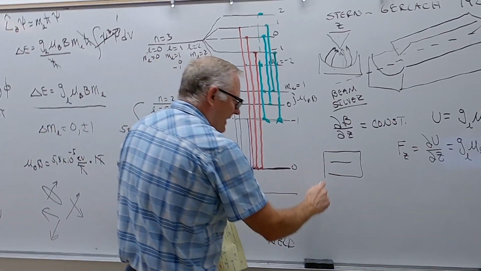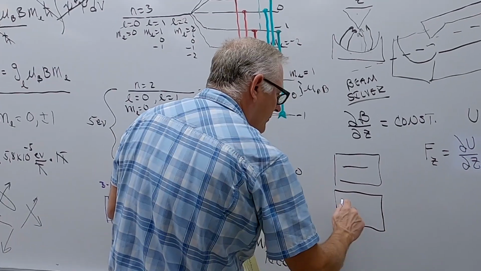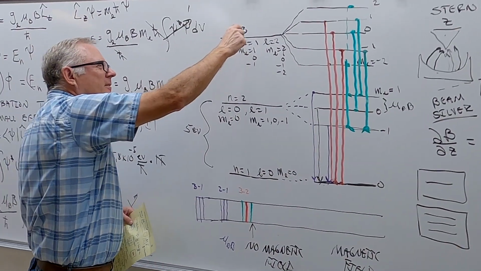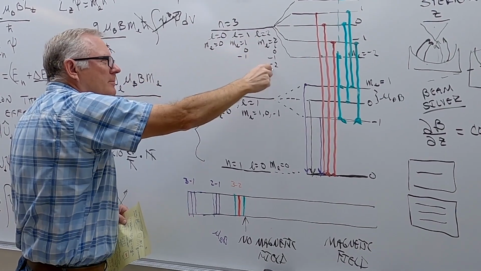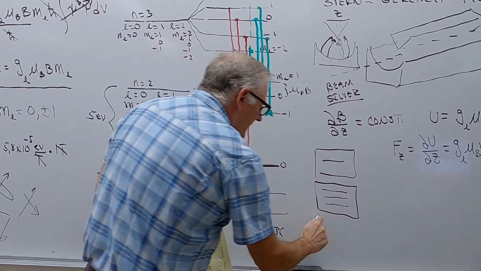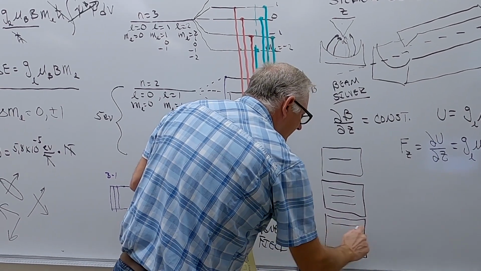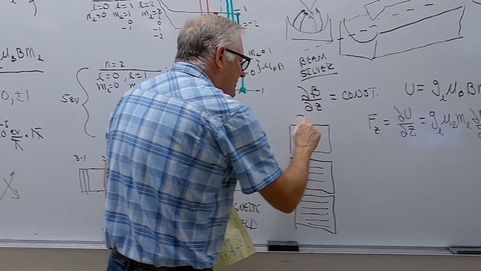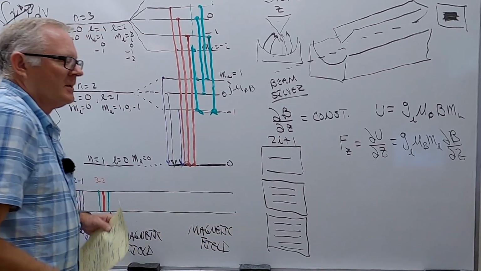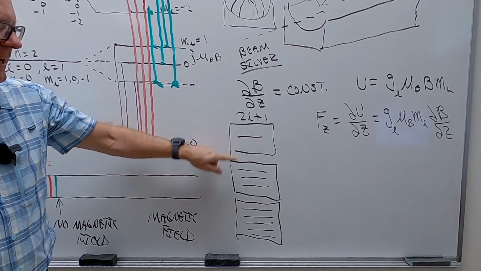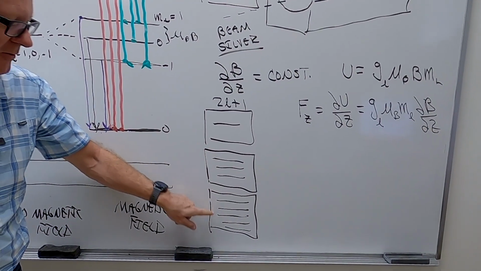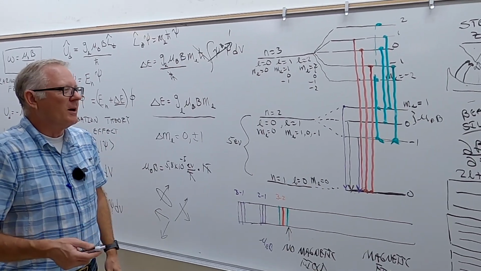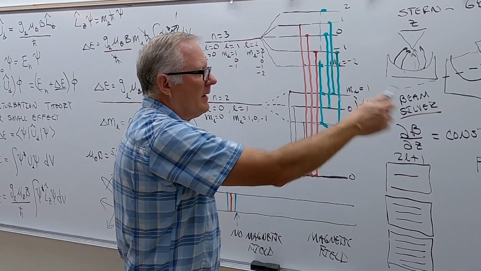Or in this case, there are 5 different discrete values of m sub L, and so over here, you'd get 5 lines. Matter of fact, the number of lines you should get is 2L plus 1. When L is 0, you should get just 1 line. When L is 1, you should get 3 lines. When L is 2, you should get 5 lines, and so on. That's what you should get to show the space quantization of angular momentum.